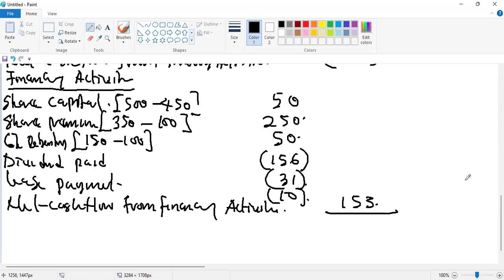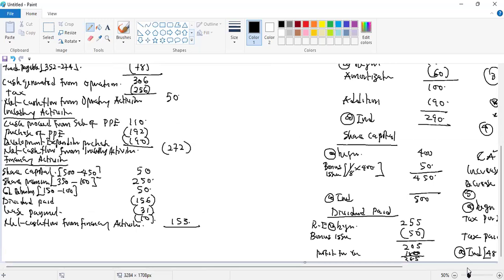I will now add all the nets: net of operating, net of investing, and net of financing. What does it give us? Negative 69.